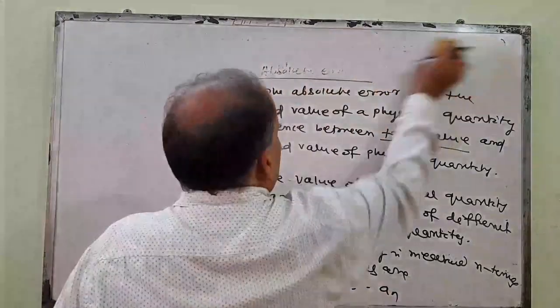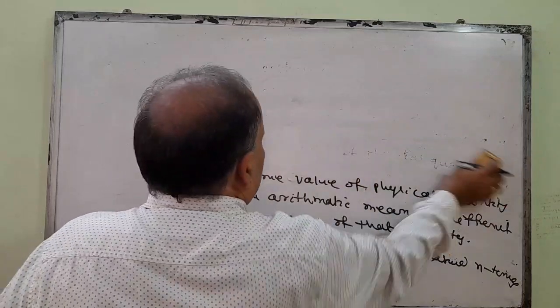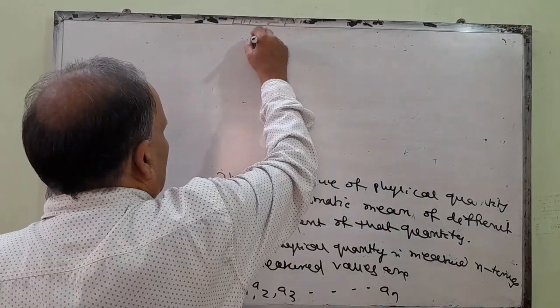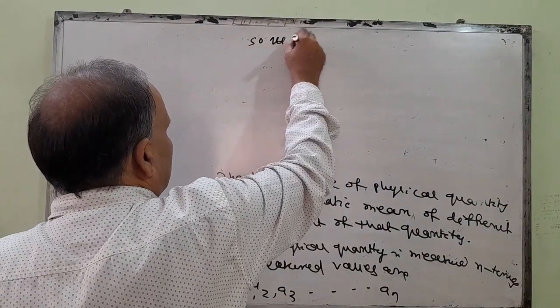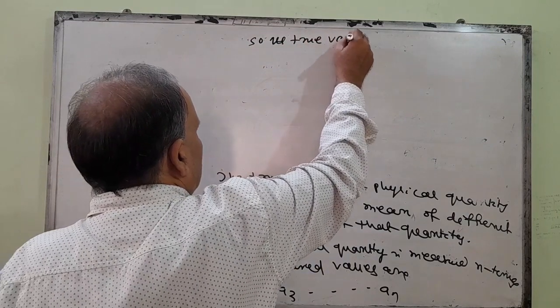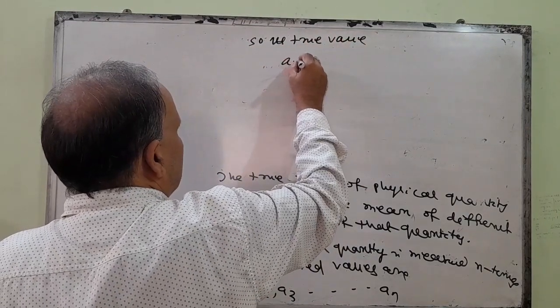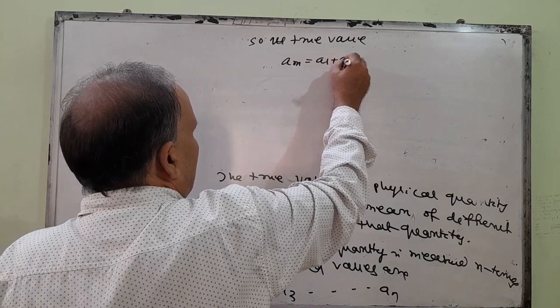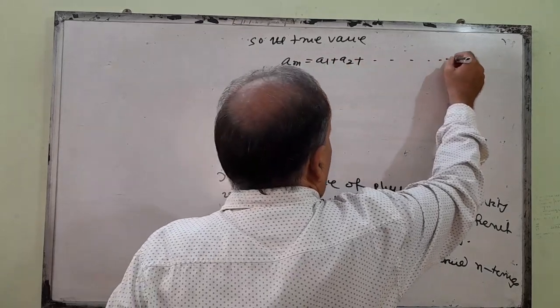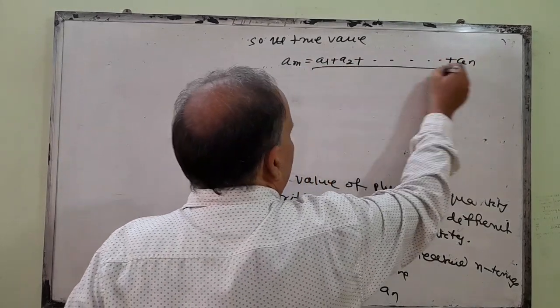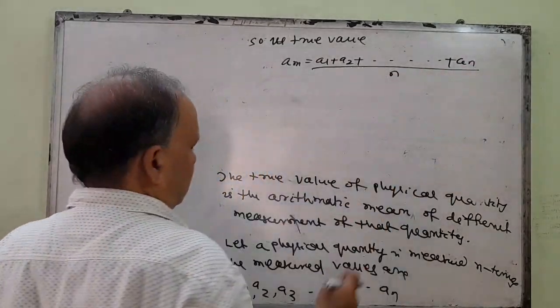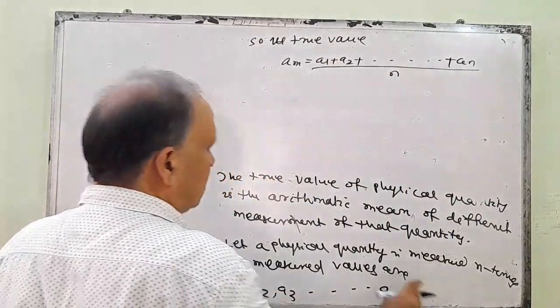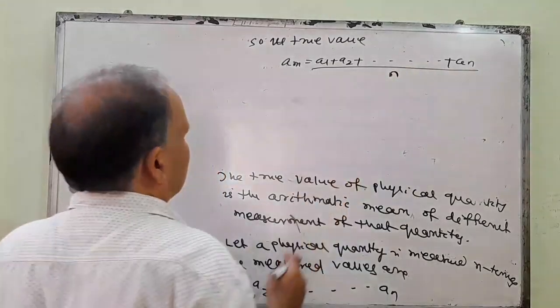So its true value, that is Am, is equal to what? A1 plus A2 plus An divided by n. You take its arithmetic mean. That means we add all the measurements and divide by n.